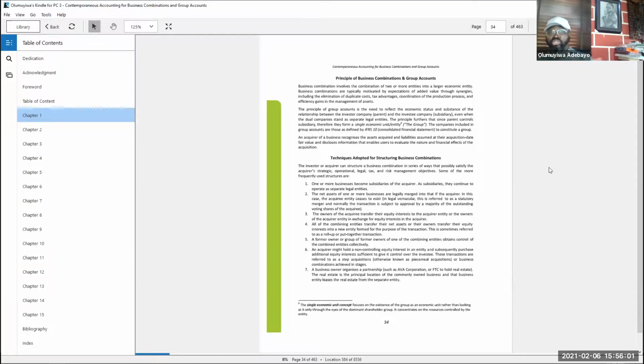Because within acquisition and merger, they can still be structured with different variants, which is what I'll put to you on the screen.